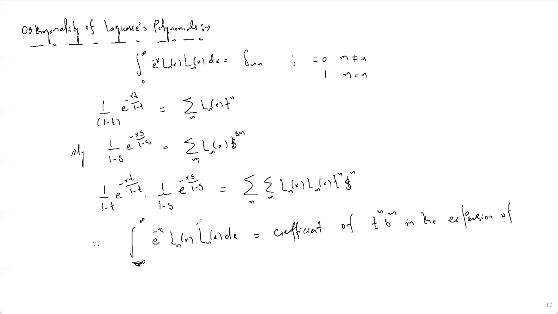this very integral, that is, in the expansion of the integral from 0 to infinity of e raised to power minus x, times 1 by (1 minus t), 1 by (1 minus s), into e raised to power minus xt by (1 minus t), into e to power minus xs divided by (1 minus s), dx. So this integral is the coefficient of t raised to power n, s raised to power m in the expansion of this particular integral.